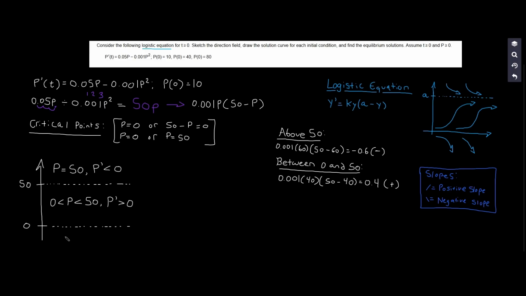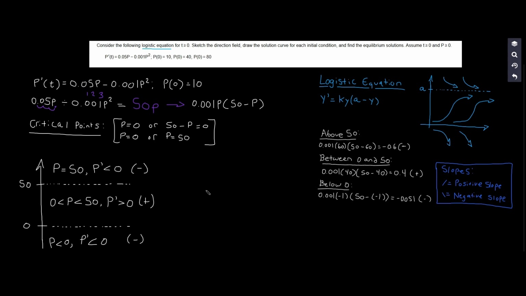Lastly, we want to find the partition below 0, so we need to plug in any number that's below 0 into our equation. How about we plug in negative 1? The answer is going to be negative 0.051, which means it's going to be negative. Okay, so we got negative, positive, and negative.